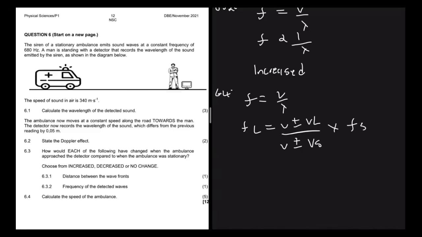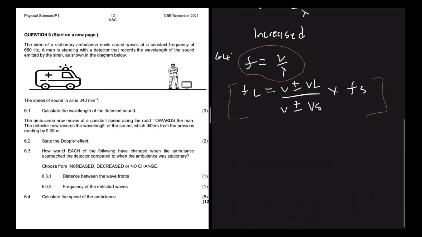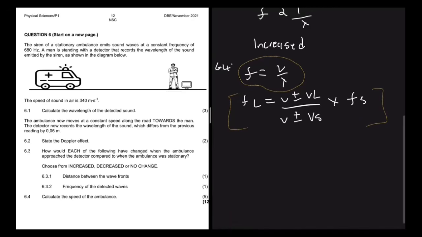And then this question says the speed of the ambulance. This formula cannot help us with the speed of the ambulance, so this is the formula we're going to use, right? So now we have to identify all the information we have and then decide on how we can determine the speed of the ambulance.